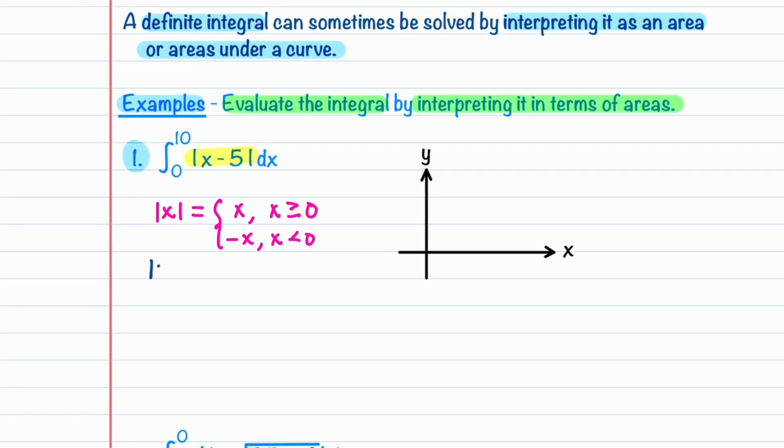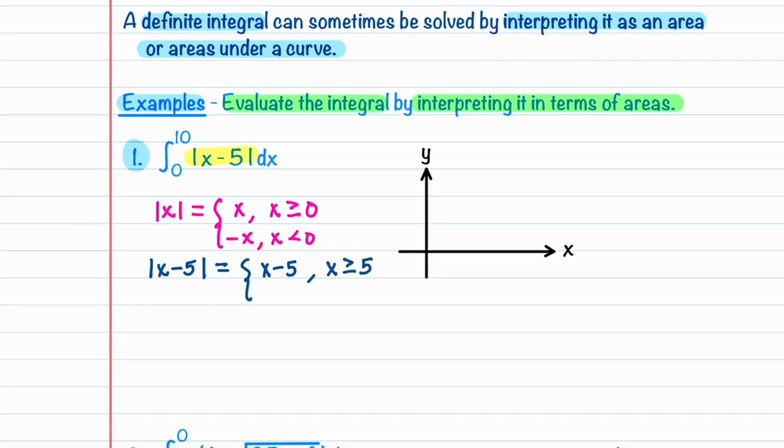We can then write down that the absolute value of x minus 5, using the same pattern, is x minus 5 when x is greater than or equal to 5, and then minus the quantity x minus 5 when x is less than 5.